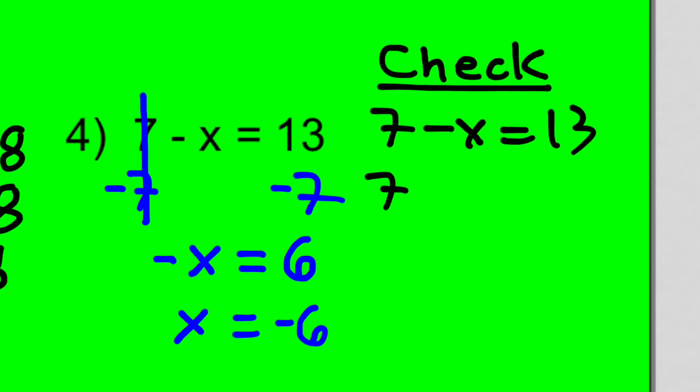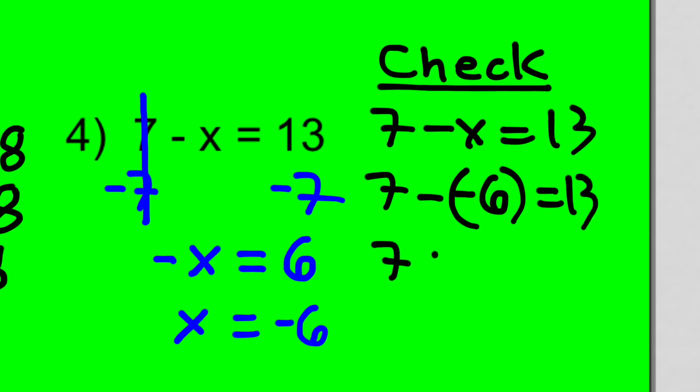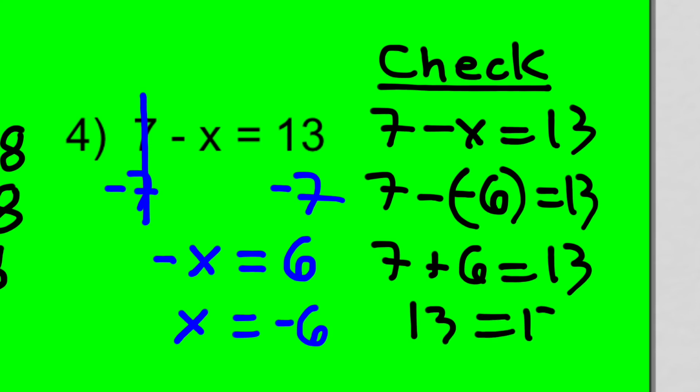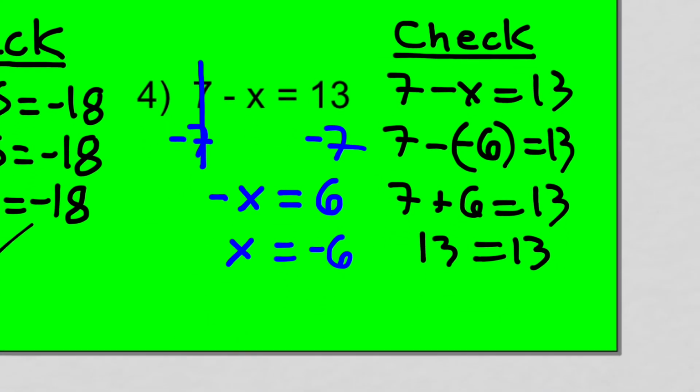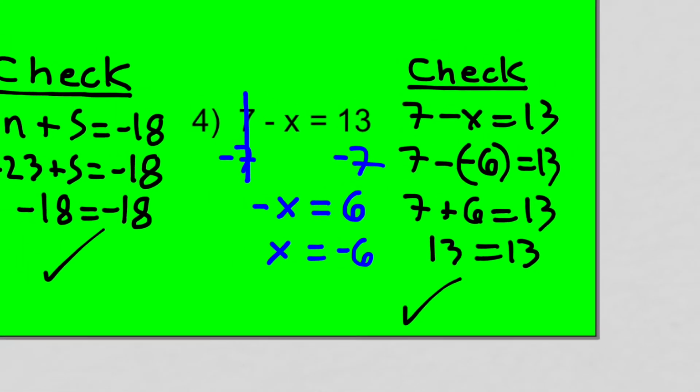I substitute in -6 for x. I remember that subtracting a negative is the same as adding a positive, so this is like 7 plus 6. And yeah, that statement is true. 13 equals 13. The equation balances out, so it is correct.